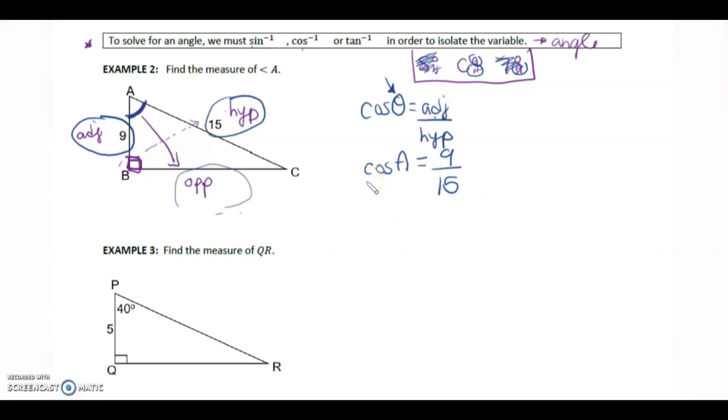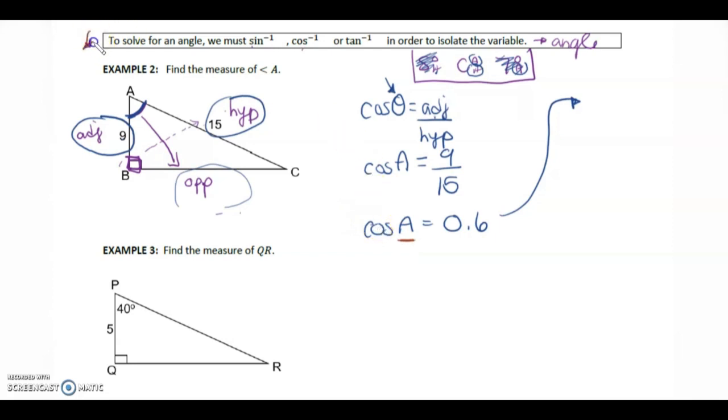So if you do 9 divided by 15 in your calculator, we get cos A equals 0.6. Okay. So at this point, we are not done. Obviously, this angle is not 0.6 degrees. We need to get the A by itself.